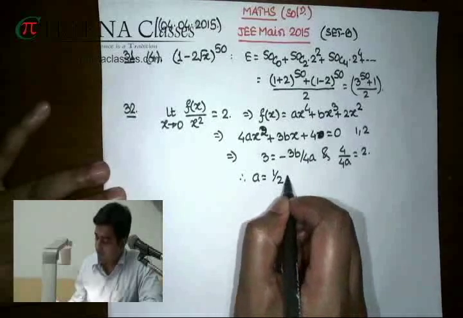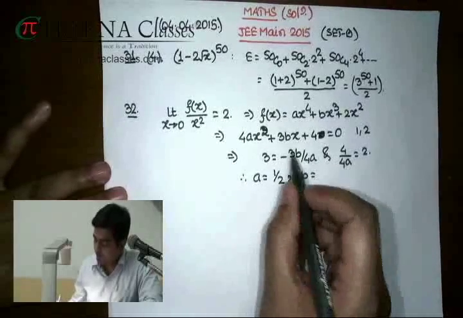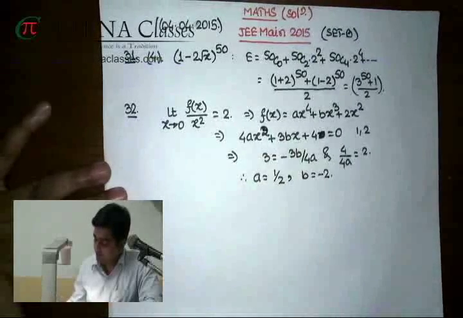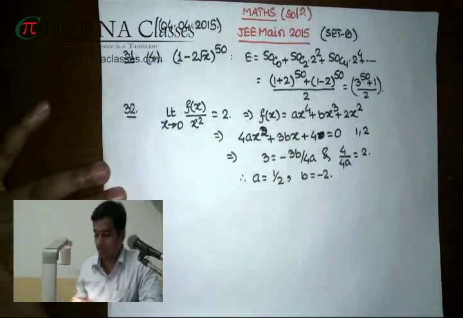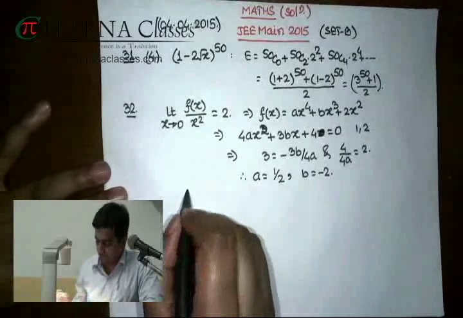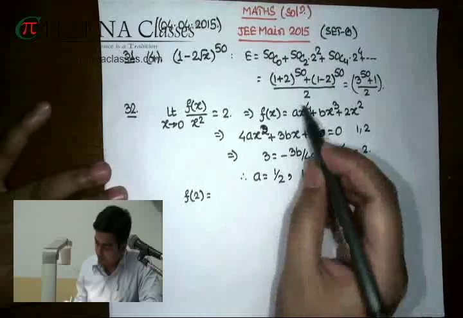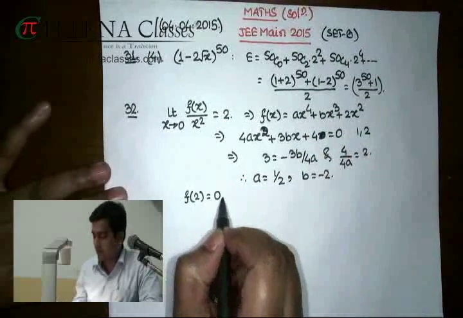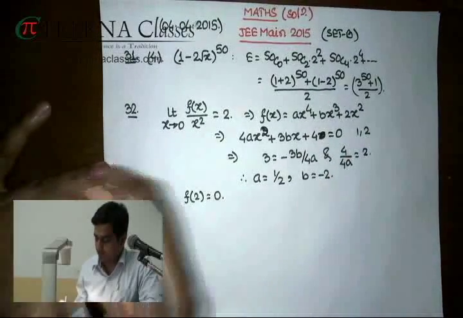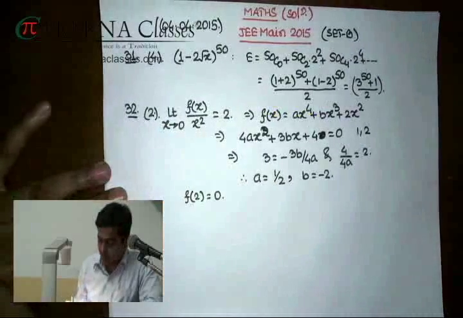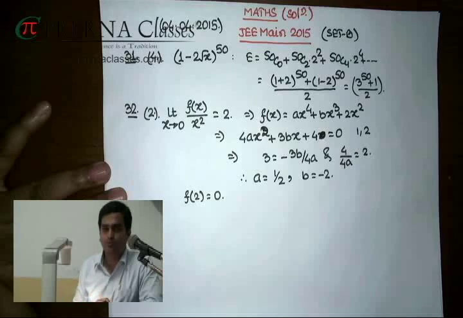Clearly then you can check the value of a becomes half, and utilizing that fact the value of b is going to be equal to minus 2. So that's how you can manage the value of f(x). Once you know f(x), you are interested in f(2). You can clearly check after substituting these values there that 2 is a root of that polynomial. Hence, the answer is option 2.